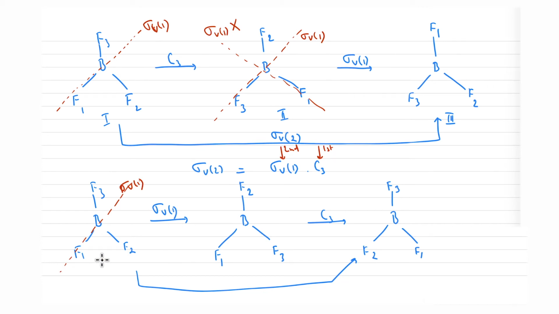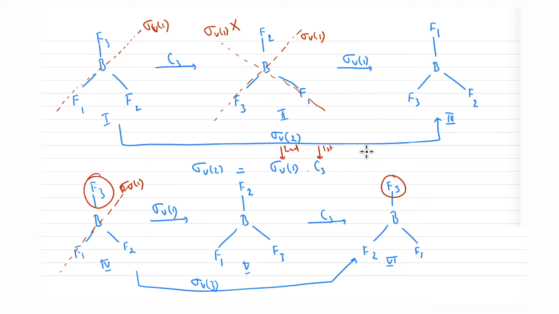So I'm comparing 4, 5 and 6. Okay, so in this case, if you see F3 is the same, whereas F1 and F2 are getting reflected. So that would be sigma V3, right?